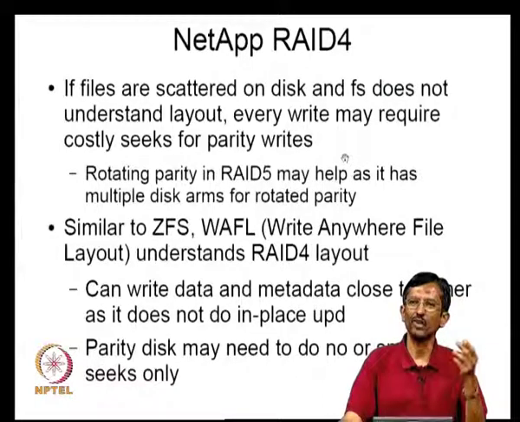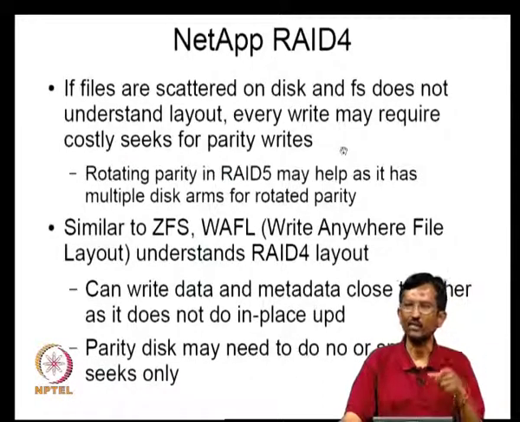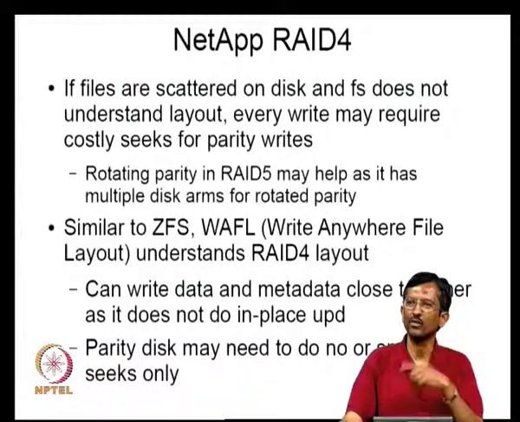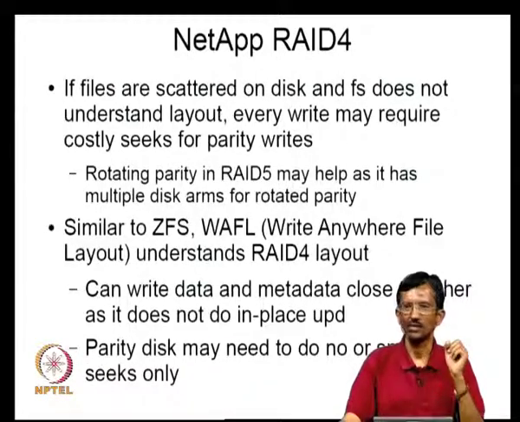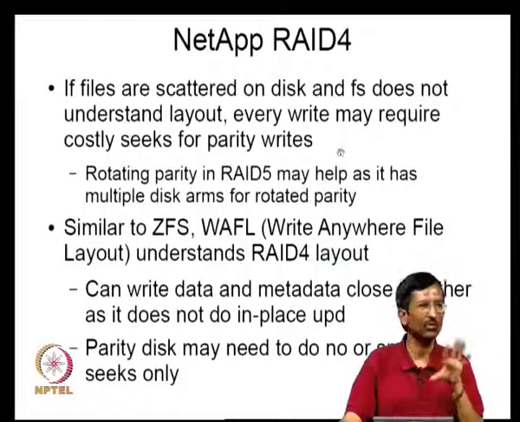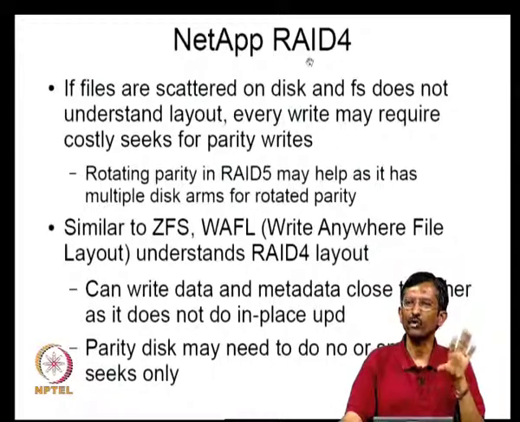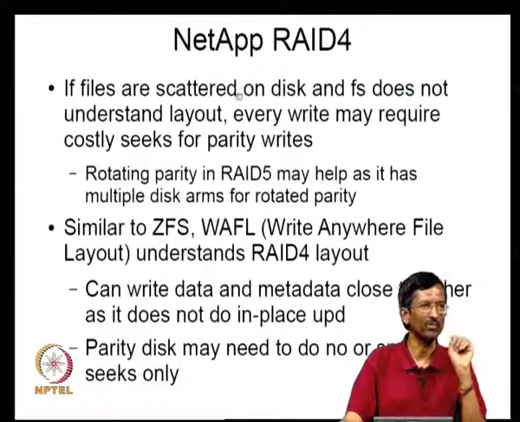That means that for every write, the parity disk has to keep on seeking from one place to another. That is a problem with RAID 4. With RAID 5 it may be okay, because essentially you have the equivalent of five disk arms since parity is distributed. But with RAID 4, that's why it has not been used seriously. But NetApp has discovered a very good use for this.